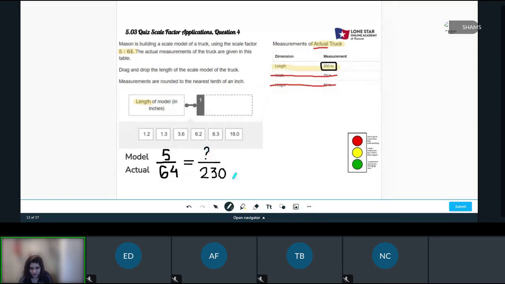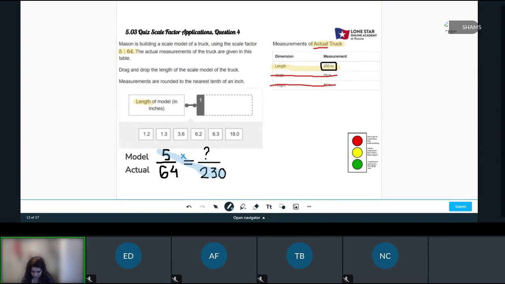When I did this problem, I was thinking one of the very easy ways to handle this was to do cross product. Multiply the two: 5 times 230. Did anybody multiply 5 times 230? And then divide by 64.